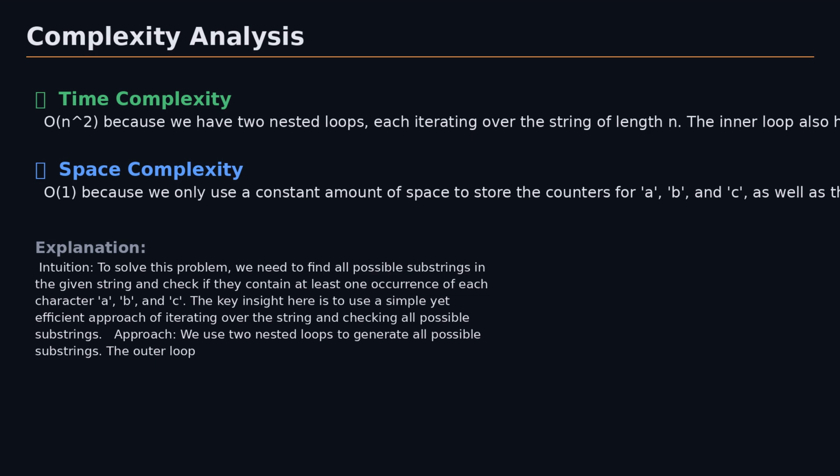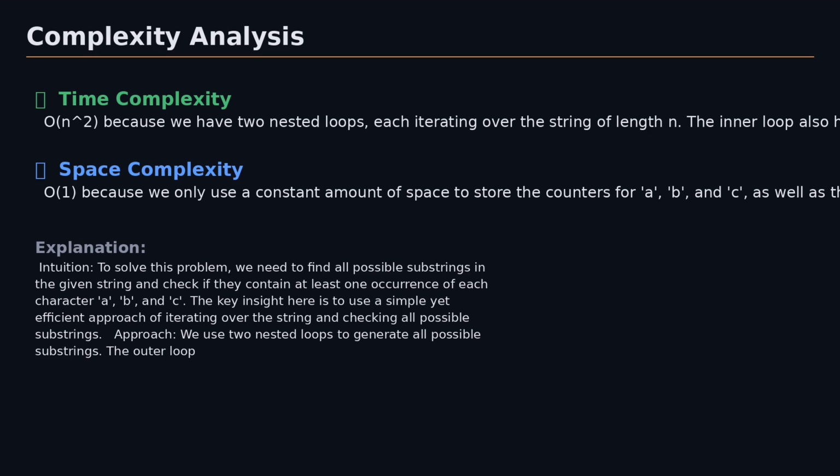Now, let's talk about the time and space complexity of this solution. The time complexity is O(n squared), because we have two nested loops, each iterating over the string of length n. The inner loop also has a constant time operation inside it, which doesn't change the overall time complexity.